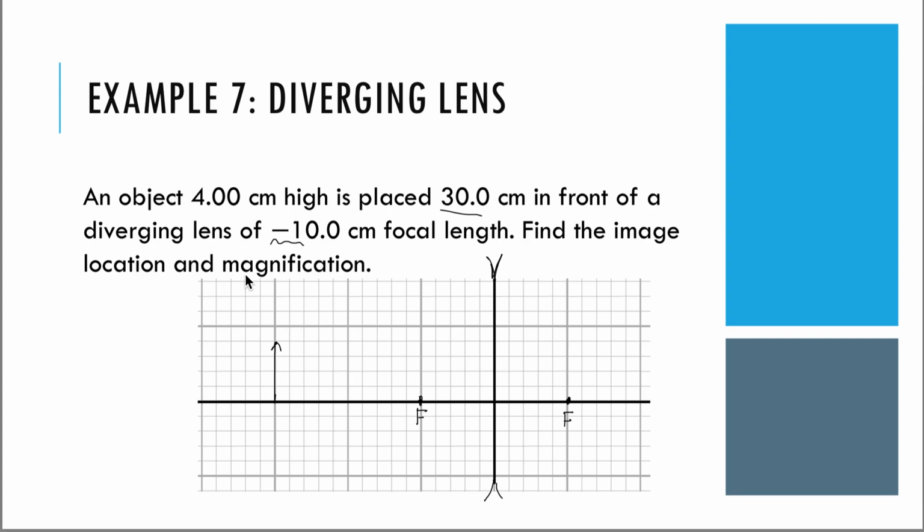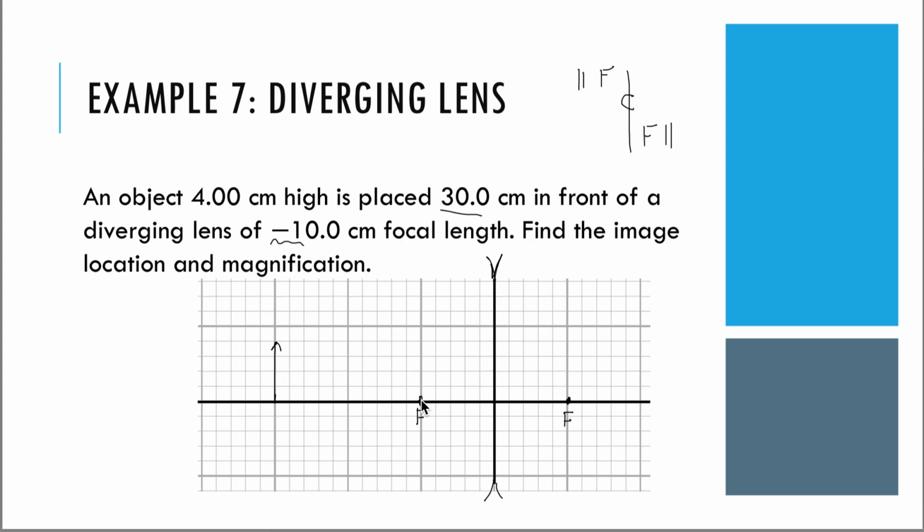Let's go back and write this down here. For the diverging lens, we have parallel and focal on the same side. Then the second ray goes to the center, and then it's focal parallel on the other side. So that helps us draw our rays.